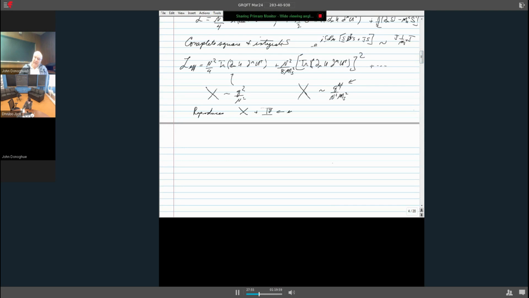It's got the 1 over m_S squared. So it's 2 higher powers in the energy expansion. And it actually reproduces the following.